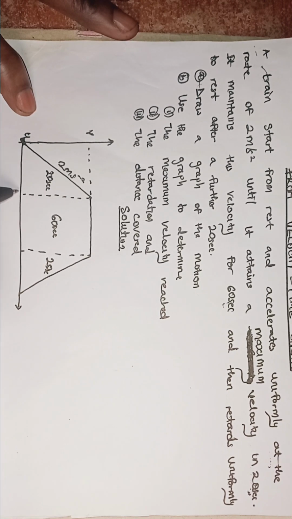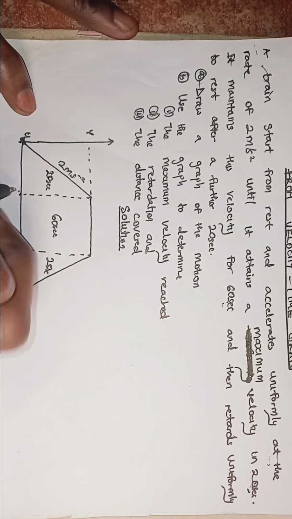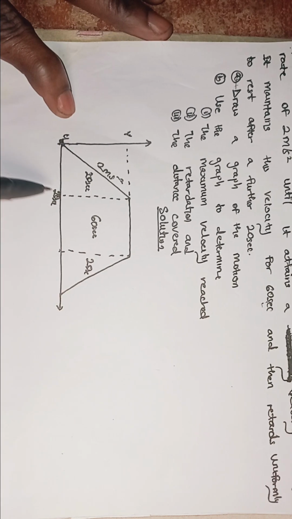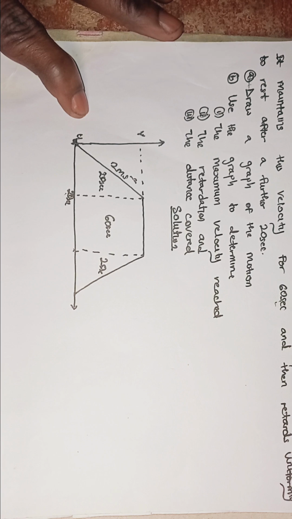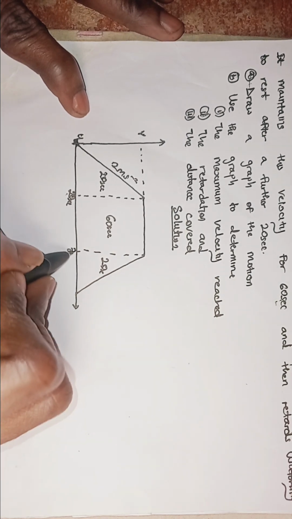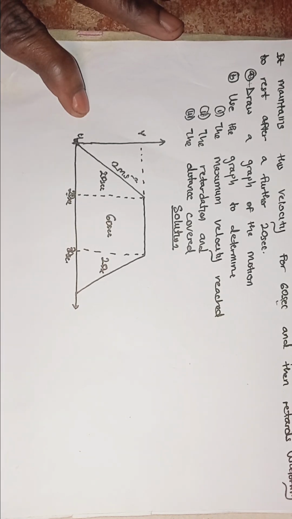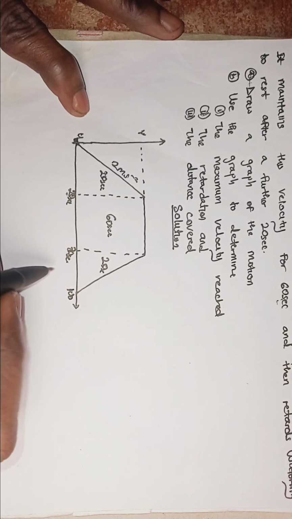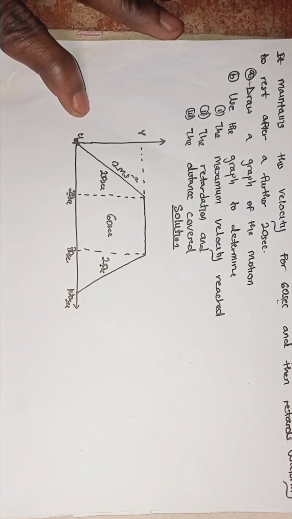We are going to look for a number that, if we put it here and subtract zero from it, gives us 20. So that number is going to be 20 seconds. We think of a number again that if we put it here and subtract this 20 from it, it's going to give us 20, so it's going to be 40 seconds, because if you subtract 20 from 40, we get 20. In the same way, we are going to add 60 seconds here, because if you subtract 40 from this, it gives us the 20 seconds that we're talking about.